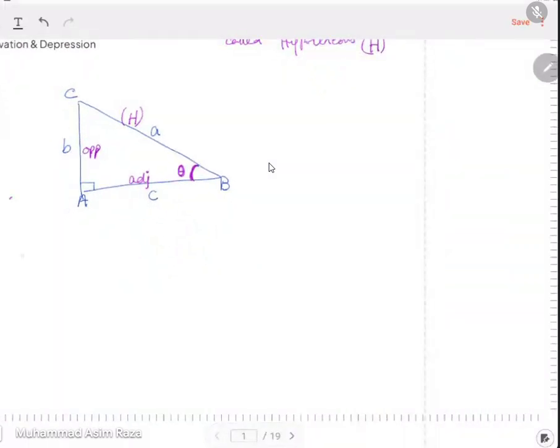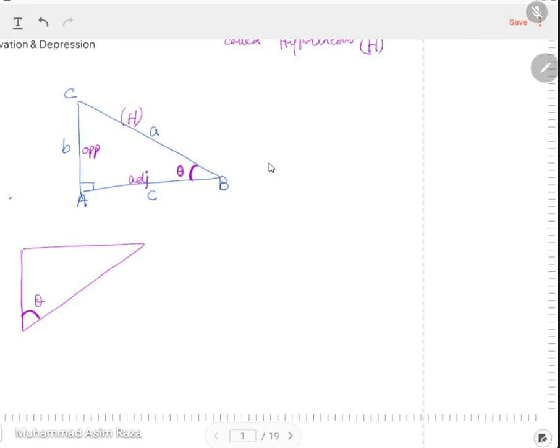For example, I will make a new triangle now, and it is like this one, and this time I will make this as theta, and this is the right angle triangle.